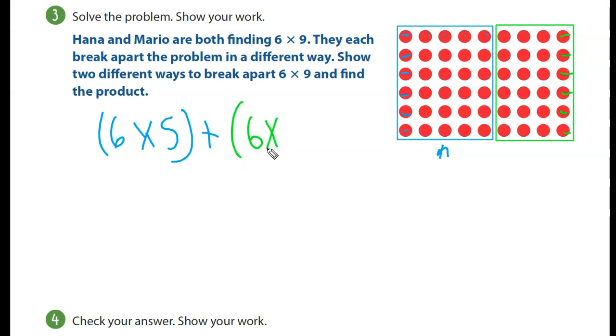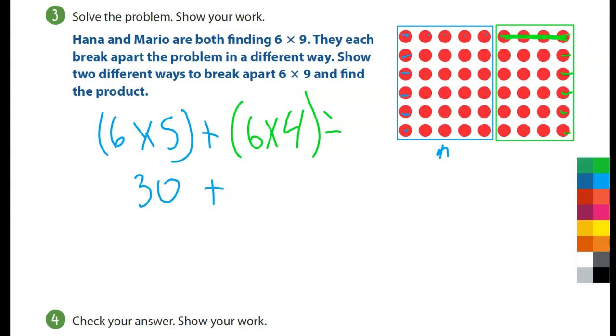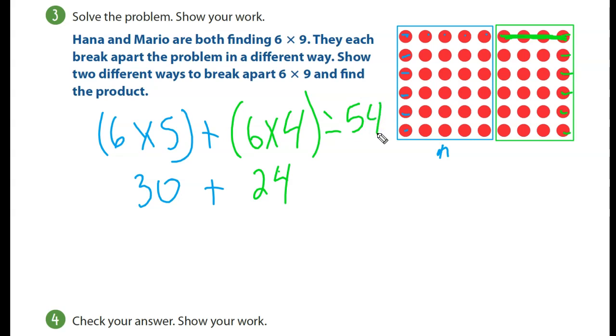And then how many in each row right here? 4. Times 4. So 6 times 5 is 30. Plus 6 times 4 is 24. And then I add that together. I get 54. That's one way to do it.